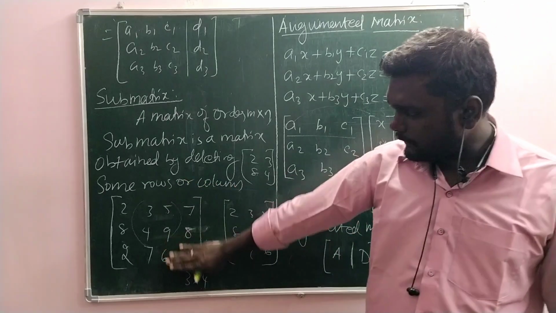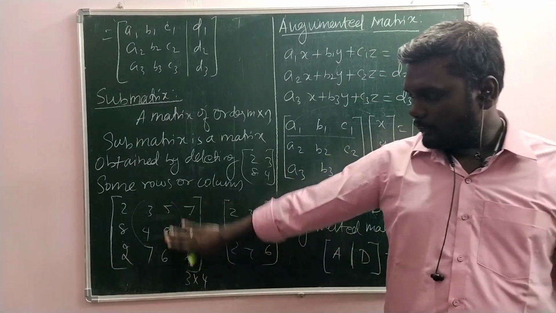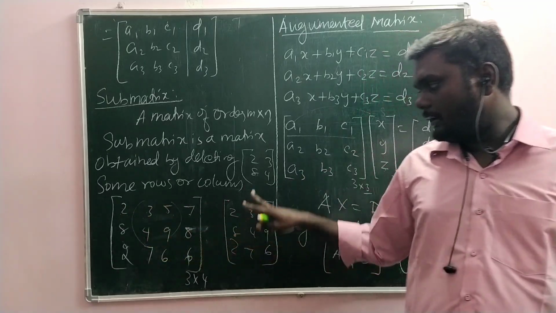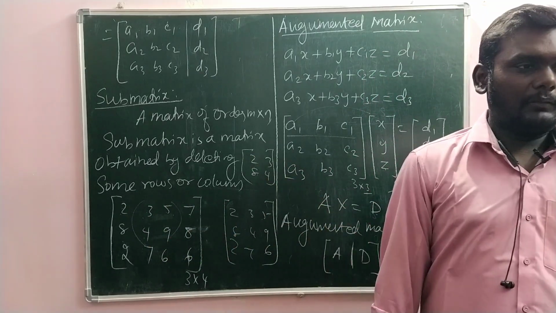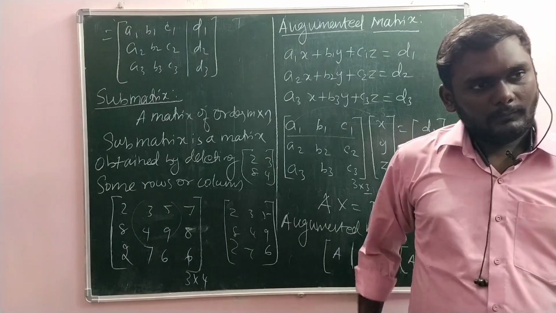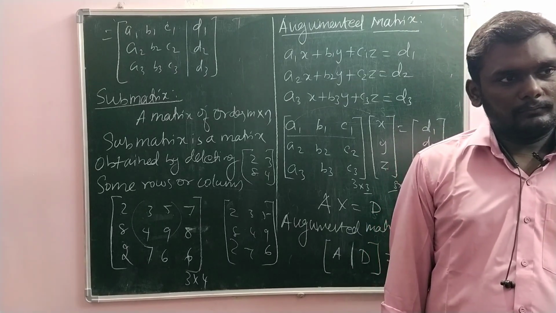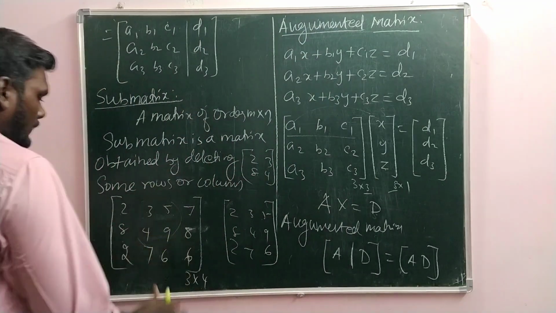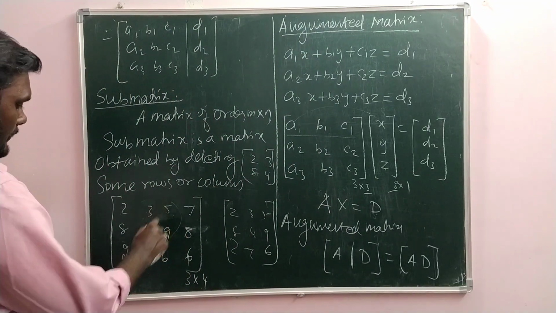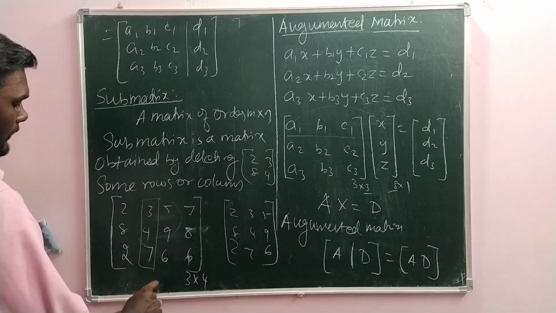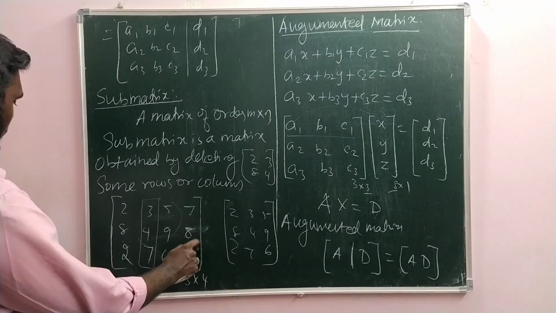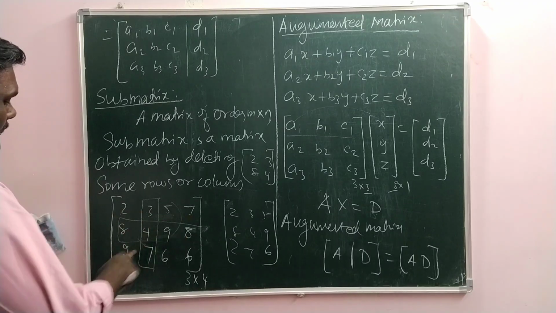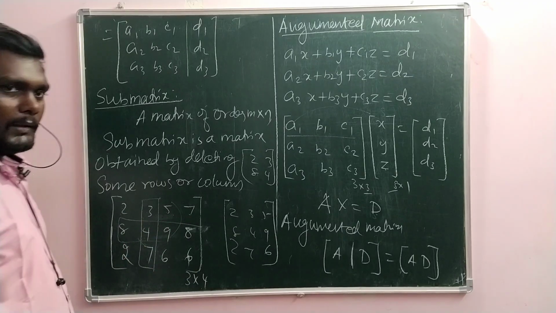If I delete these two rows and this one column, this can be the submatrix. We can delete any number of rows and any number of columns. We can delete this column and this row, and the remaining 2, 5, 7, 2, 6, 6 can be a submatrix.